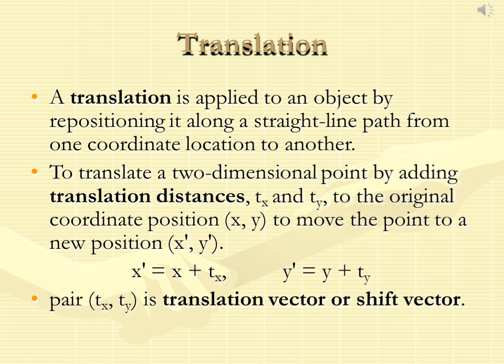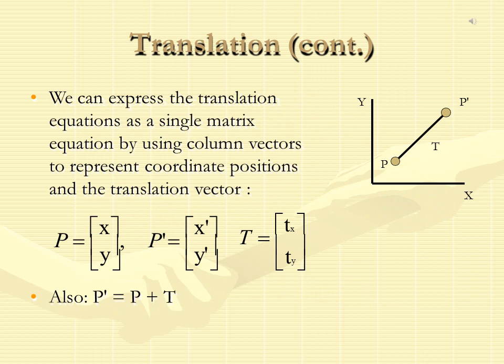Here the tx and ty are represented as a vector. We can express the translation equations as a single matrix equation by using column vectors to represent the coordinate positions and the translation vector. From the above figure, you can write that x dash is equal to x plus tx and y dash is equal to y plus ty.